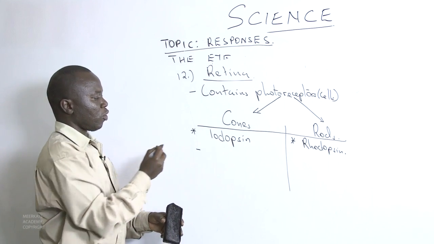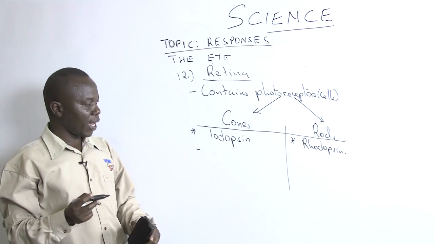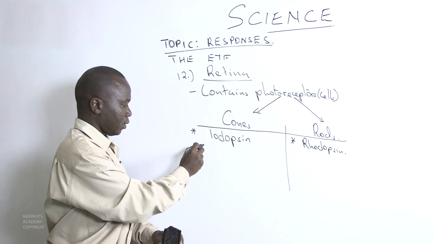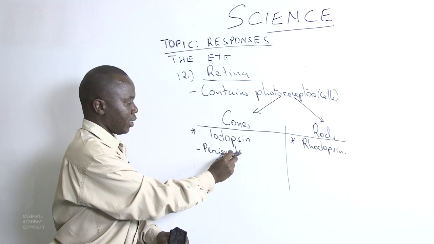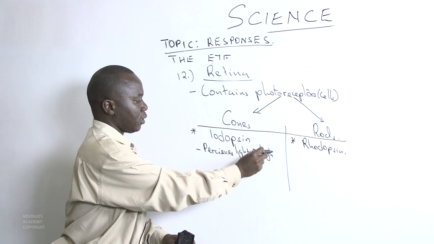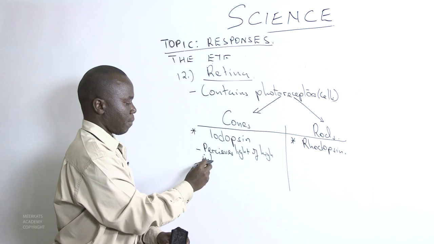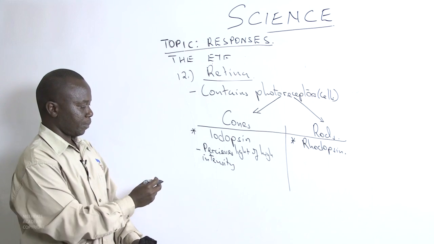The function of iodopsin is to perceive light of high intensity. So how does this happen?